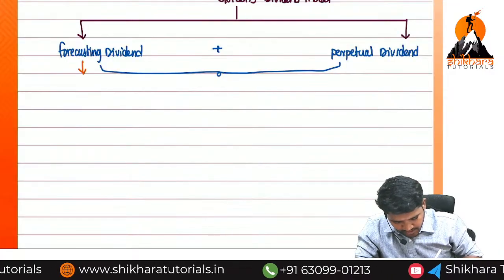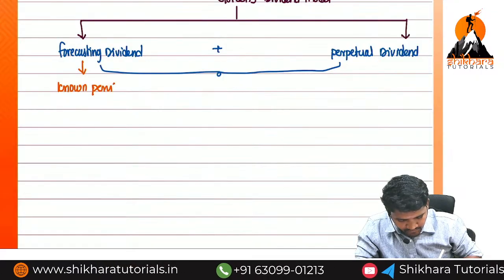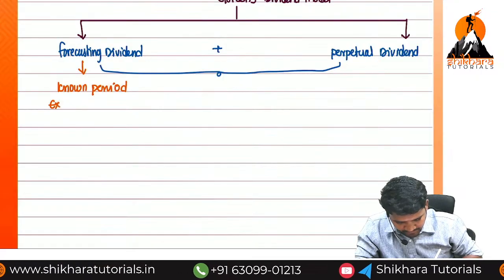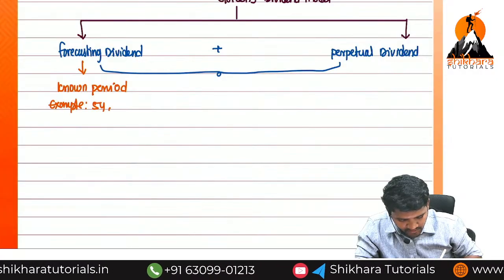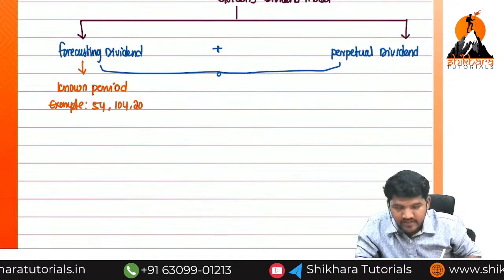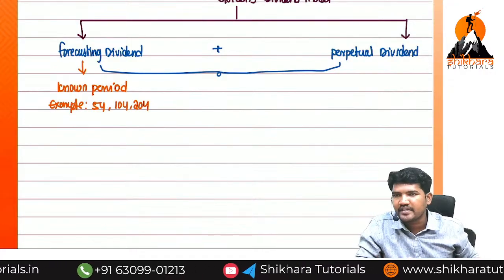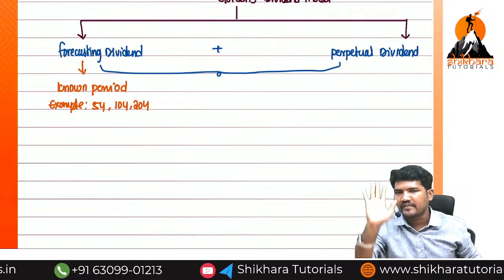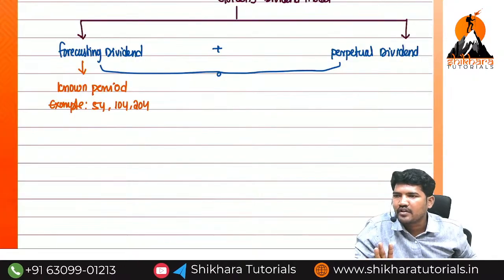Now see, forecasting period means a known period, for example 5 years or 10 years or 20 years. You have 10 years' information or 5 years' or 20 years' information. How do you calculate? As per the forecasting period, Gordon's model.